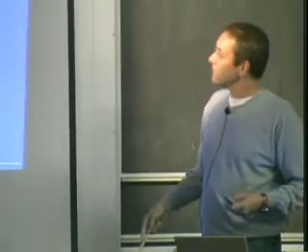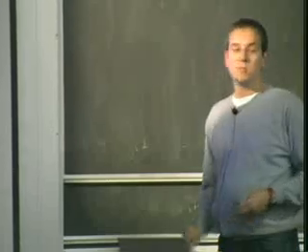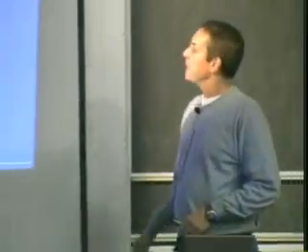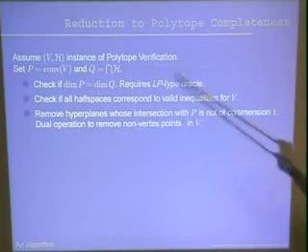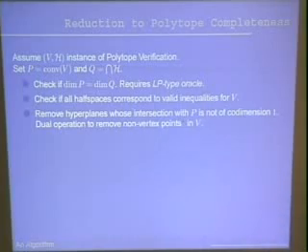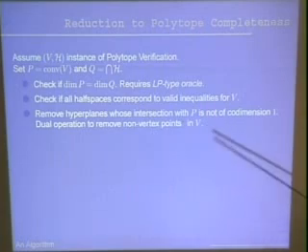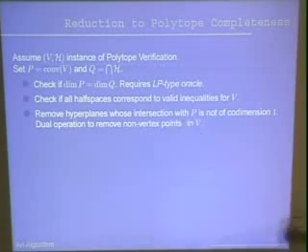And if still the candidates P and Q survive my test, then I remove all the hyperplanes which have the property that the intersection with the polytope has the wrong dimension. So if those are facets, then the set of points which intersects has to be of dimension exactly d minus 1. And again, I can check this by Gauss elimination. And I kind of have the dual operation to remove non-vertex points.